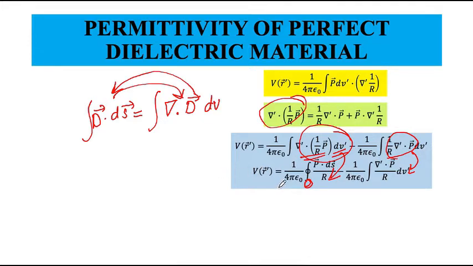We will call this rho sp, the surface charge because of polarization, and 1 by r indicates that it is a potential function, right? So this looks like a potential that could be induced because of a surface charge density, an equivalent charge density, and that equivalent charge density is rho sp.